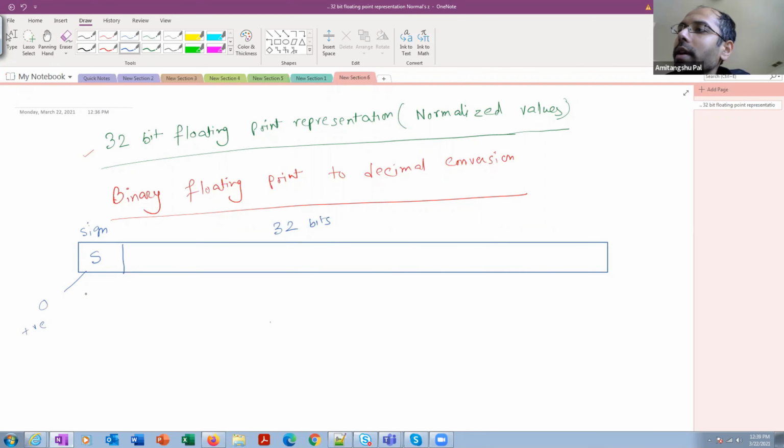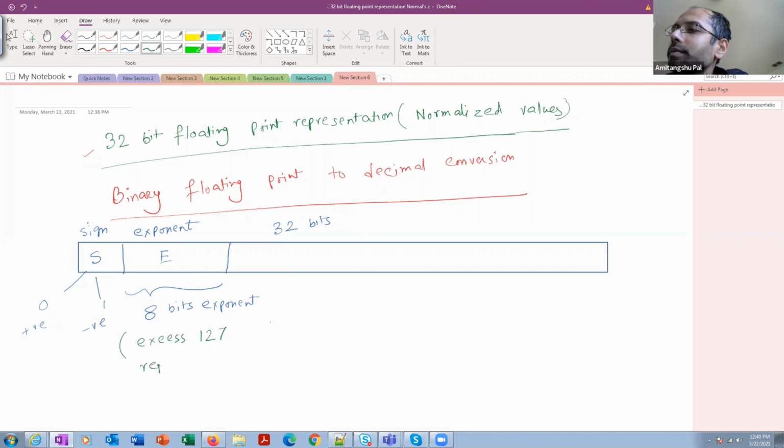The next 8 bits are the exponent bits, and this is represented in excess 127 representation.